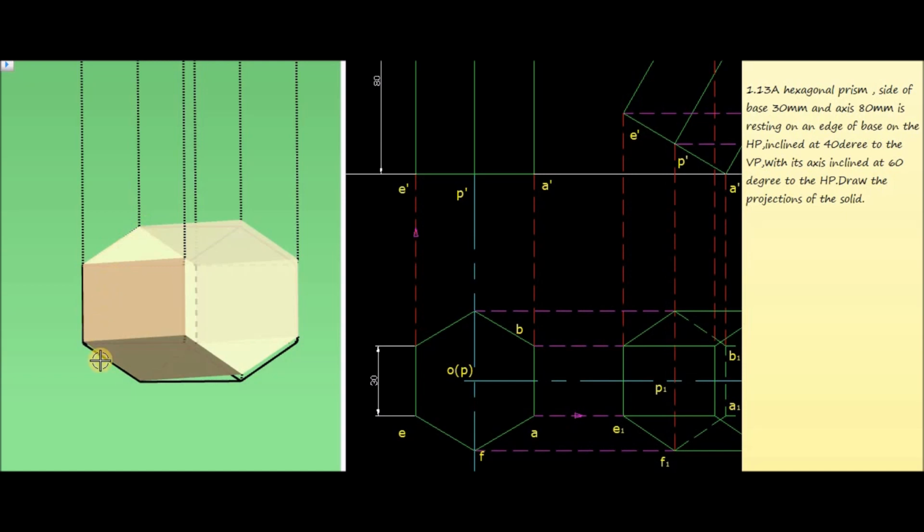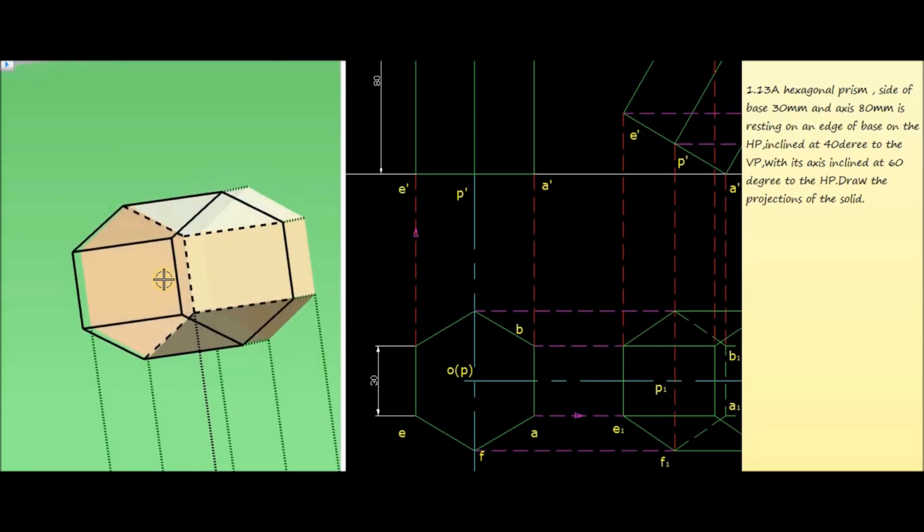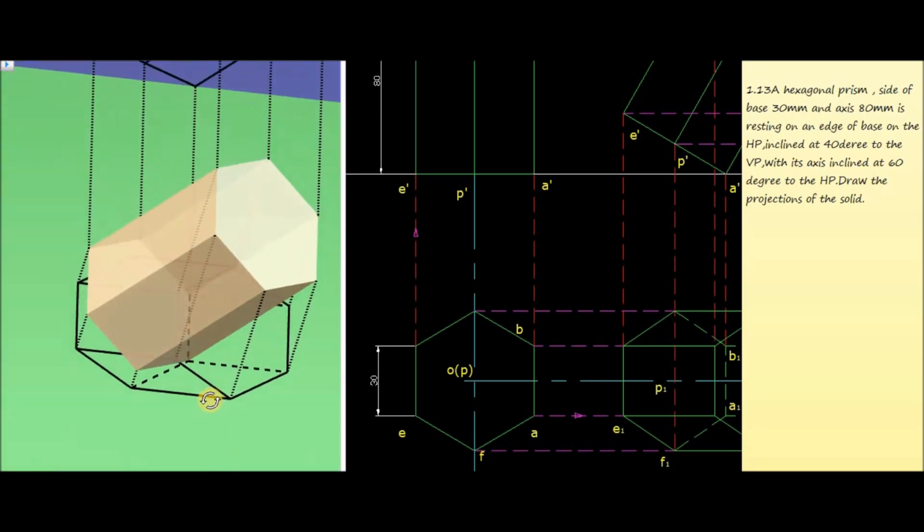Then project all the bottom corners and top corners to the horizontal plane, mark them, then join the corners which are visible by thick lines, and join the corners which are not visible from the top side as dotted lines. Now this figure represents the top view corresponding to the 60-degree inclination with the horizontal plane.